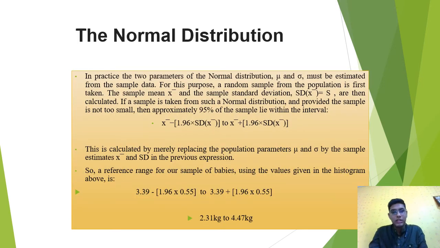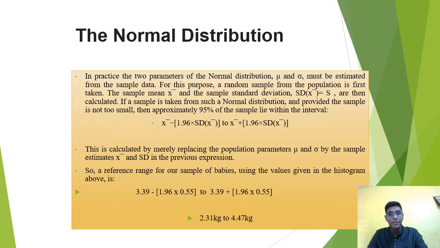Now in practice, the two parameters of the normal distribution, mu and sigma, must be estimated from the sample data. For this purpose, a random sample from the population is first taken. The sample mean x̄ and the sample standard deviation SD(x), equal to s, are then calculated.